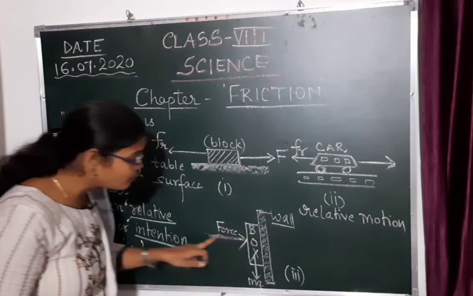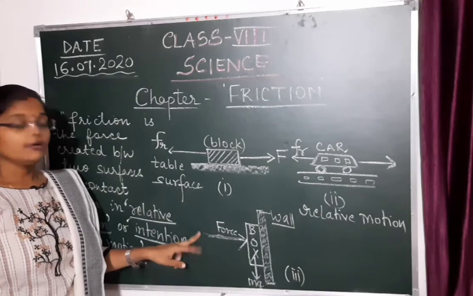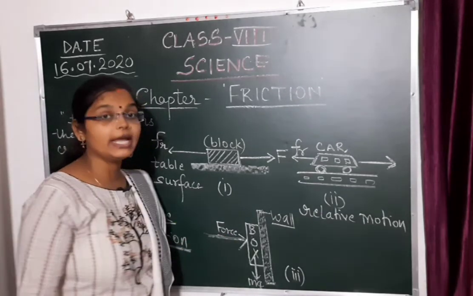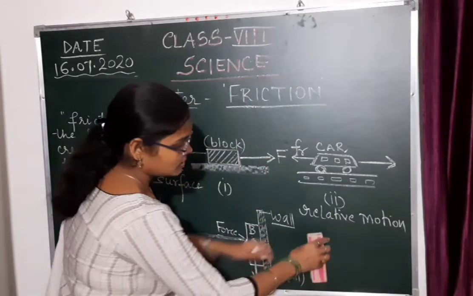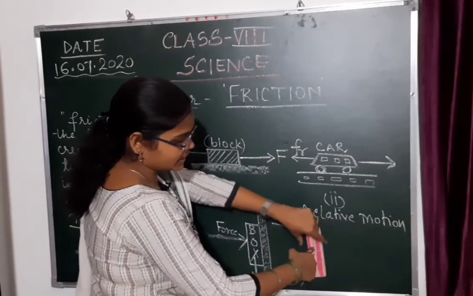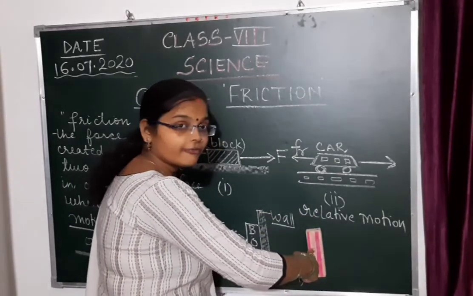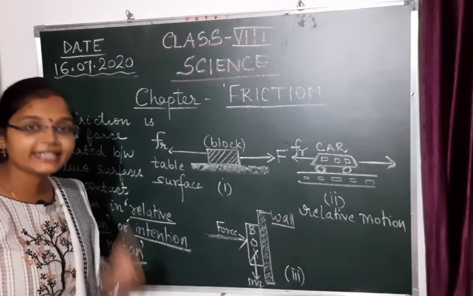If we remove this force, the duster will fall in which direction? I am applying force on the duster, and if I remove this force, it will fall down.